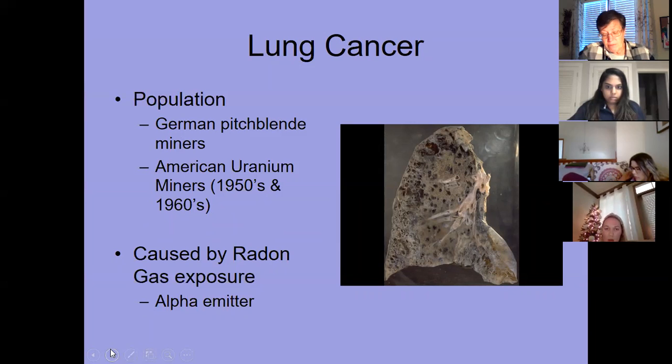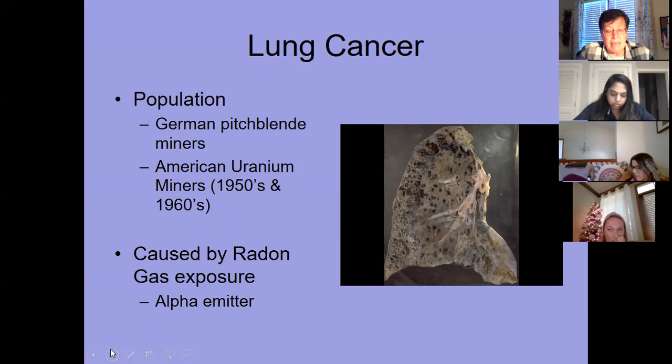When they breathe in the radon gas, the alpha radiation literally just sits on their lungs, because remember, alpha particles don't penetrate. They're not going to move very far. Whatever surface they hit, that's where they're going to interact. So the radon gas alpha particles are literally just going to highly ionize the patient's lungs.